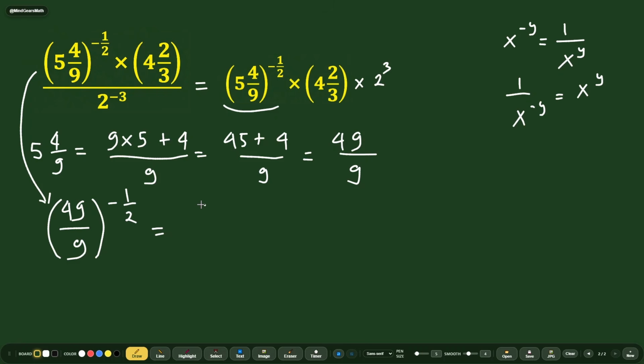And we can rewrite the equation as 9 over 49 to the power of 1/2. Remember about the power minus and the power plus.